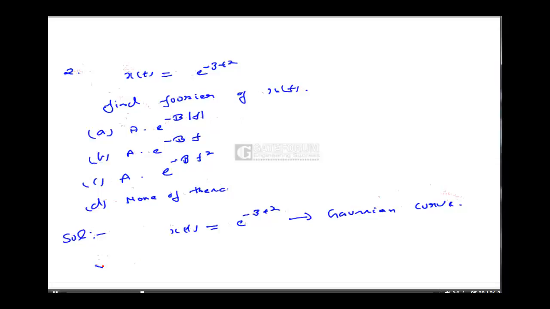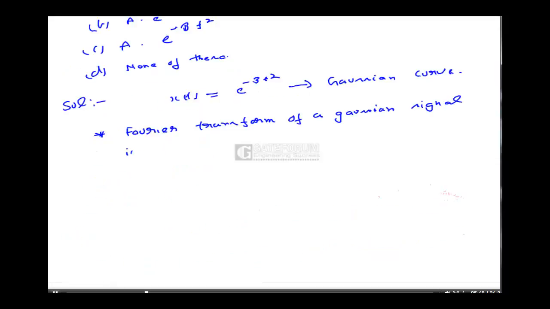Write a note or a point: the Fourier transform of a Gaussian signal is Gaussian itself.